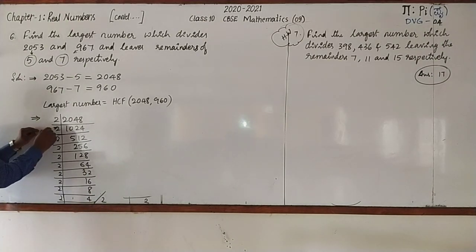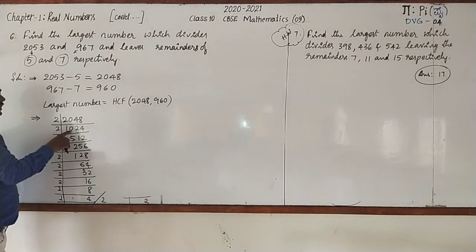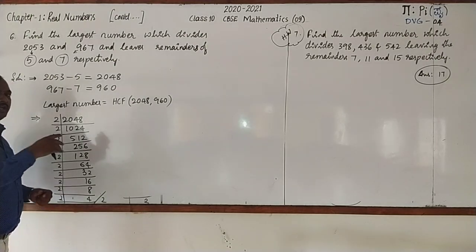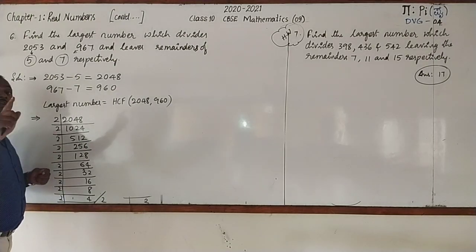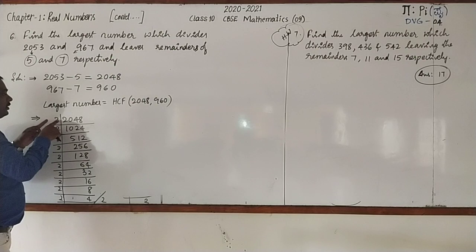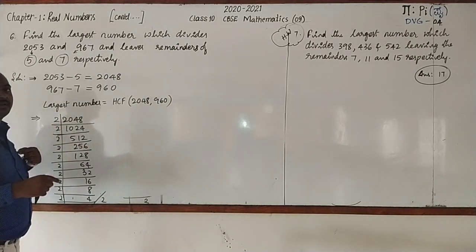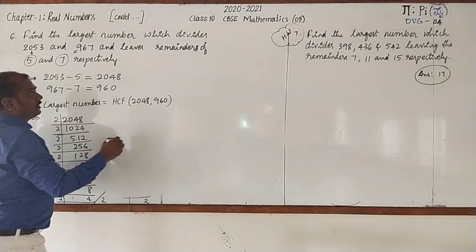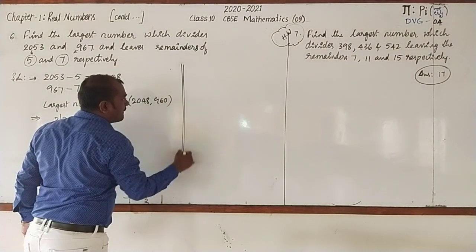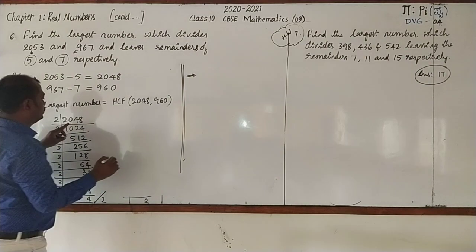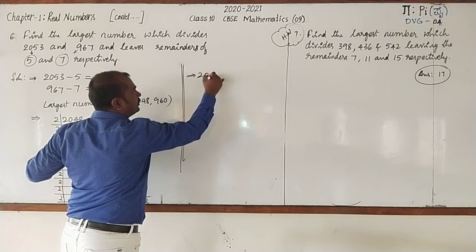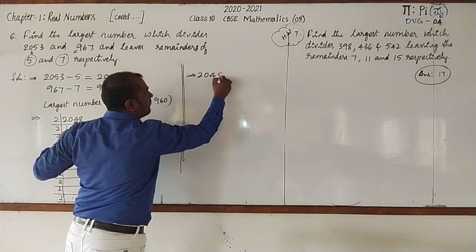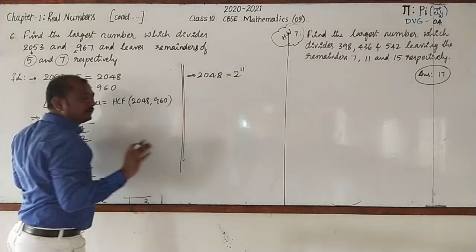How many 2s? 1 2 3 4 5 6 7 8 9 10 11. Just in the previous problem we had come to know 1024, it is a standard value and can be remembered easily. That is 2 raised to the power 10, into 2, 2 raised to the power 11. So here 2048 is equal to 2 raised to the power 11.